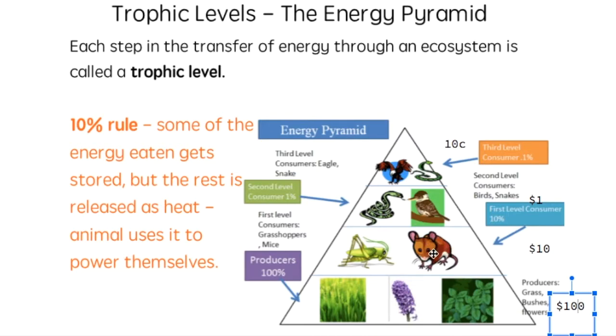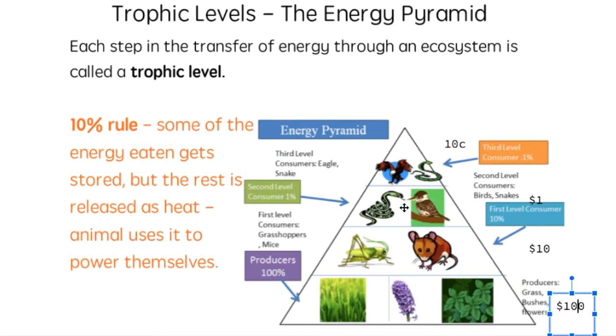The mouse had used up 90% of its energy from the plant. So the mouse is only worth $10, and then you use up 90% of that $10. And now if something eats you, you're only left with $1 worth of energy. So it's not very efficient to eat things on this tier, which is why there aren't that many organisms up at the top of the pyramid, why it's a pyramid shape, and why we tend to eat things below.